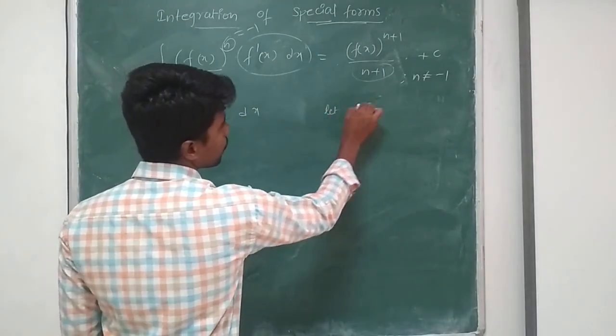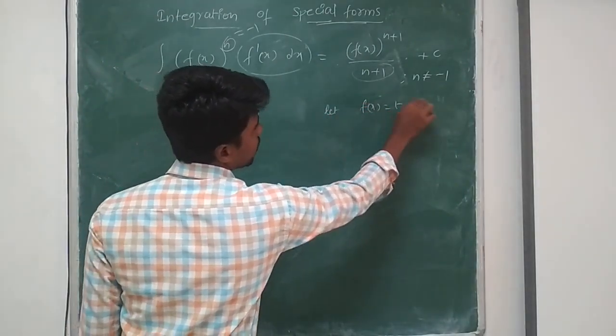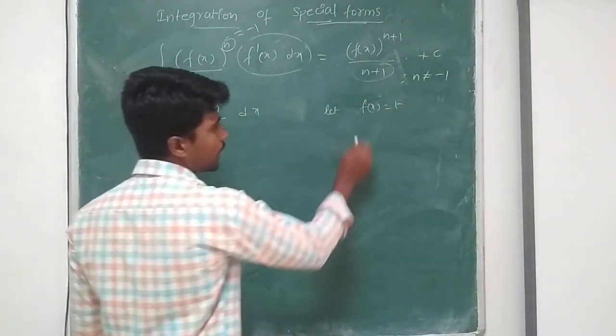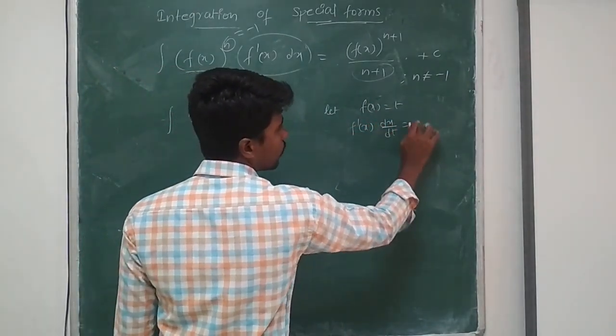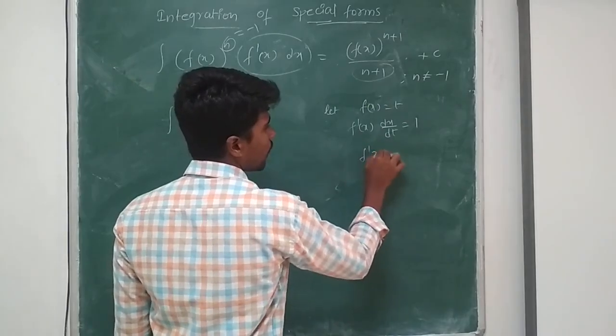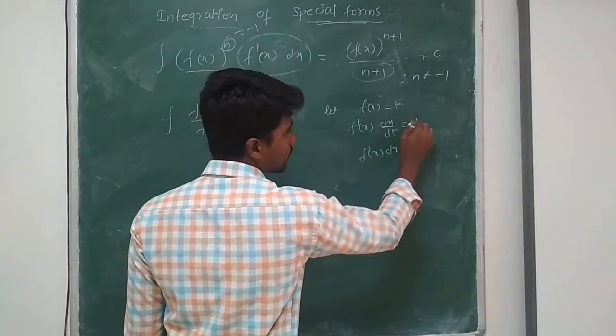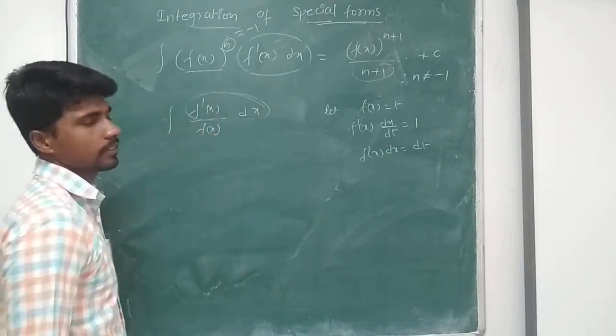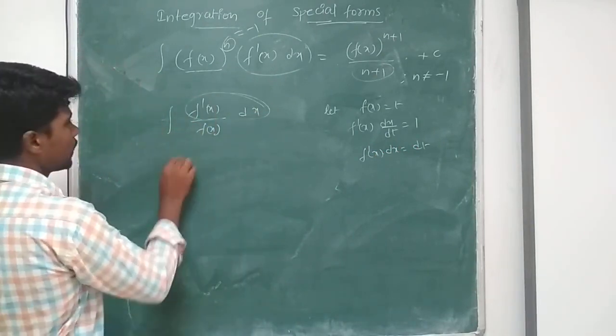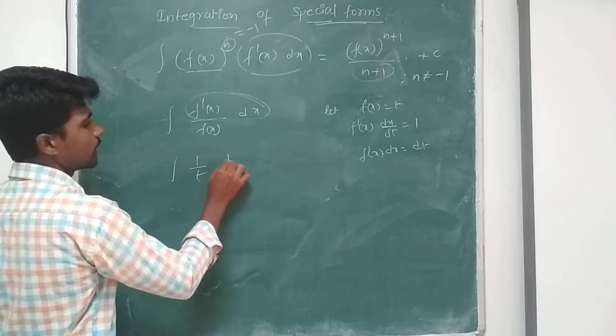Let f of x be equal to t. Differentiate, and I get f dash of x into dx by dt equal to 1. So f dash of x into dx, I get as dt. I can replace this portion by dt, so I get integral 1 by t dt.